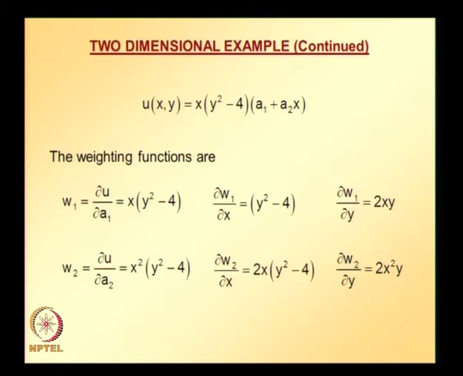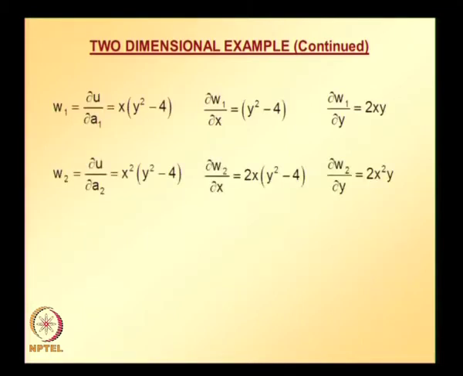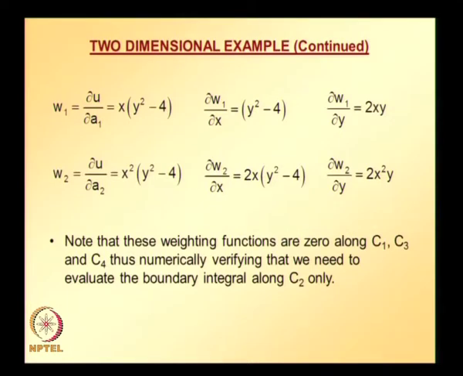So, this is the point we noted when briefly reviewing at the beginning of today's class: for the modified Galerkin criterion the weight function turns out to be 0 along the boundaries on which essential boundary conditions are specified. That is what is verified here. Note that these weighting functions are 0 along C1, C3 and C4, thus verifying that we need to evaluate the boundary integral only along C2, on which the natural boundary condition is specified.